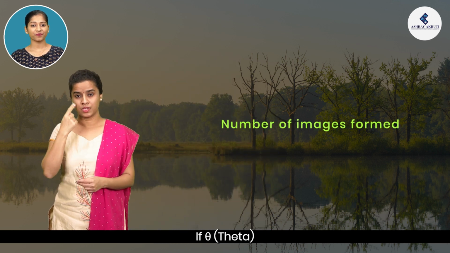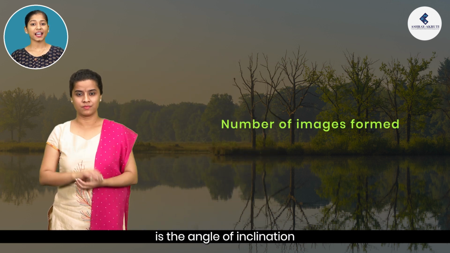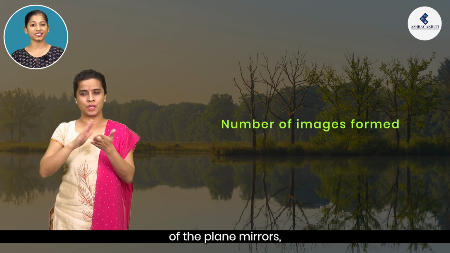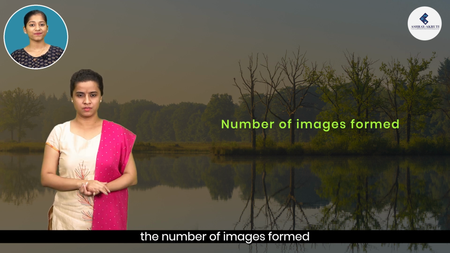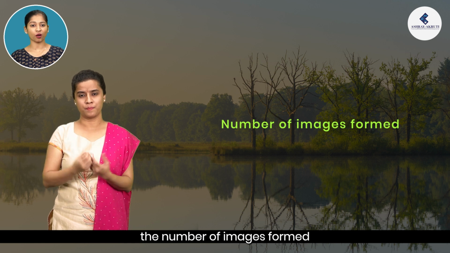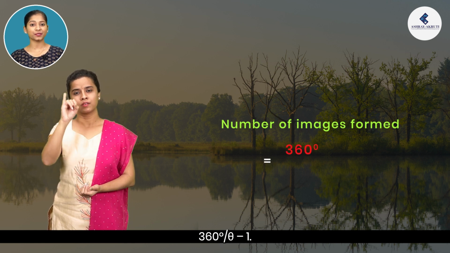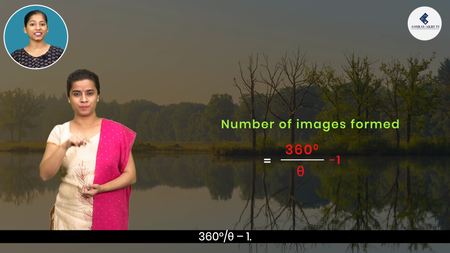If theta is the angle of inclination of the plane mirrors, the number of images formed is equal to 360 degrees by theta minus 1.